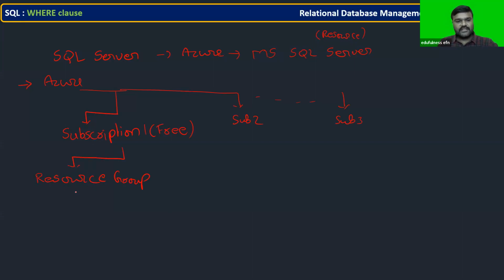For example, one resource group for the dev environment, another for the UAT environment, and another for the production environment. That is the possibility.